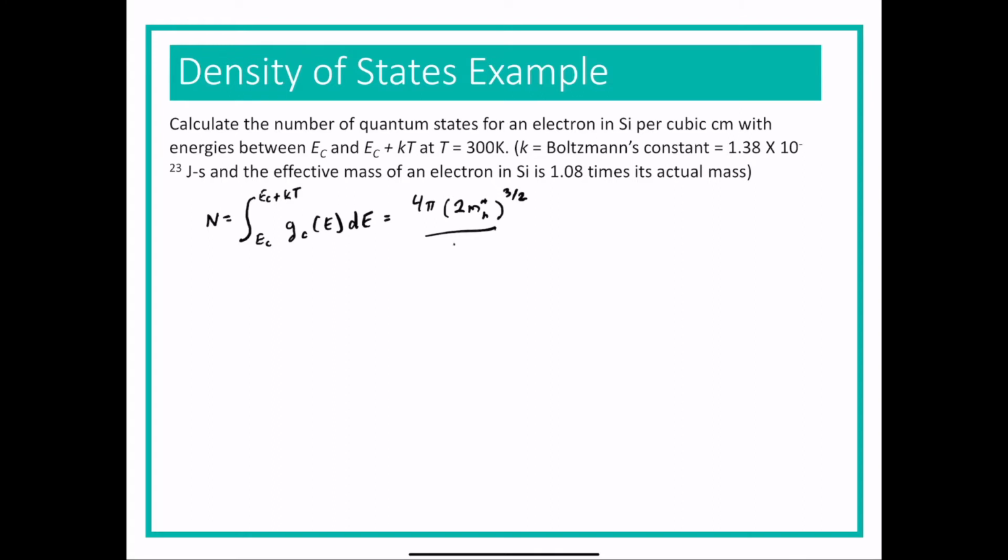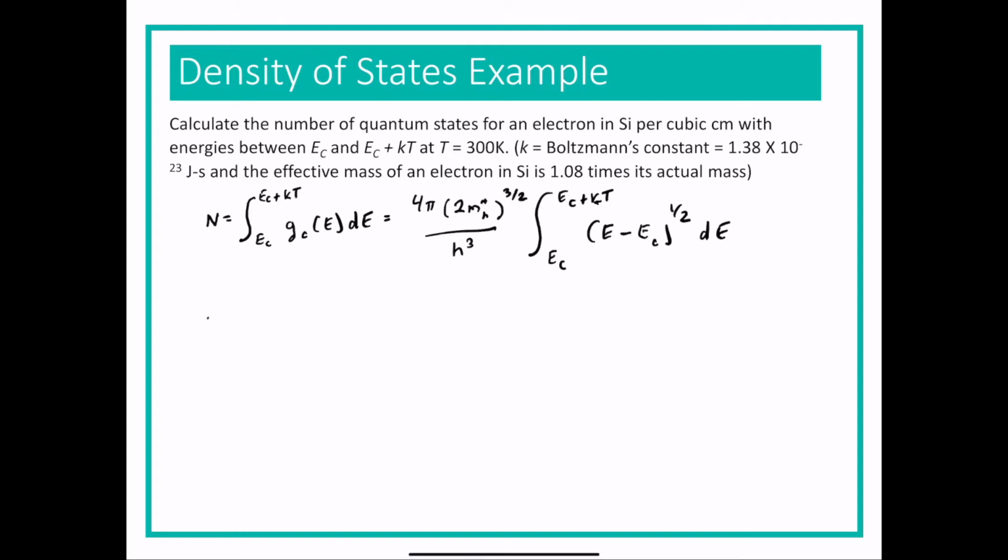And you'll notice that on the inside, it's not terribly complicated. But rather than put the square root, I'm going to write (E minus E_C) to the 1/2 dE, just to make it a little easier. It's really not that bad once you get to that point.